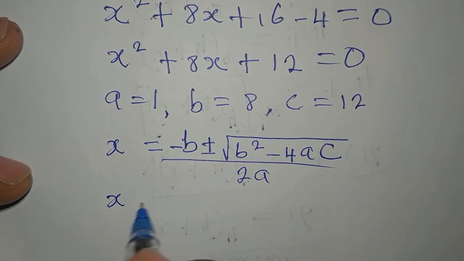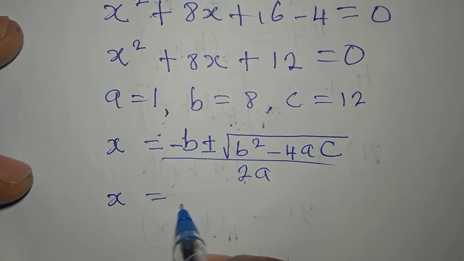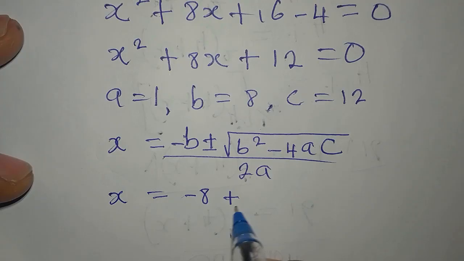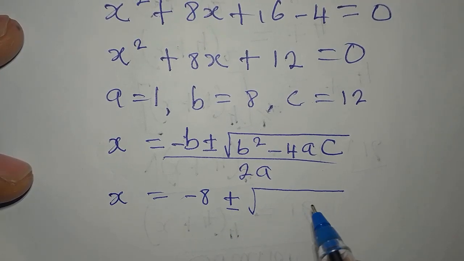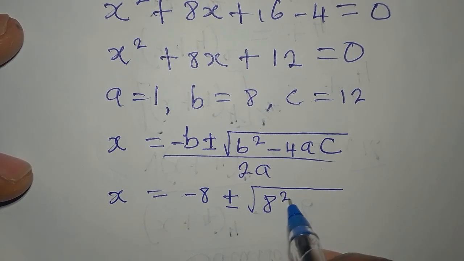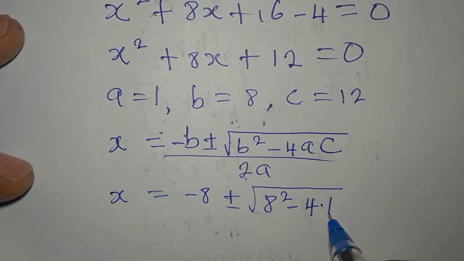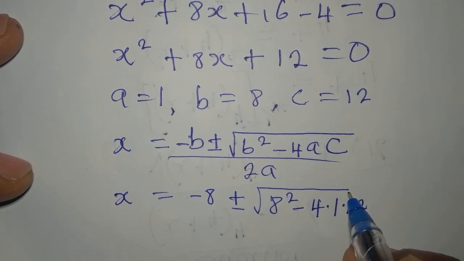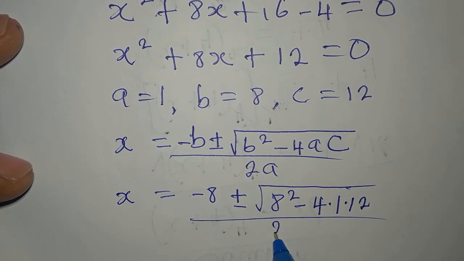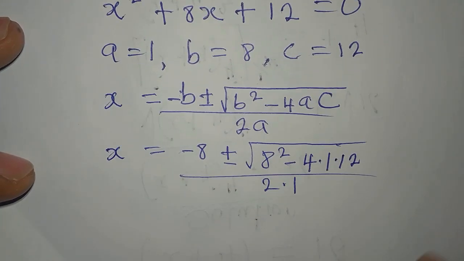Now we have x. Let's substitute. Minus b becomes minus 8 plus or minus. Then b squared, that would be 8 squared minus 4 times a is 1 and c is 12. So this is over 2 times 1 because a is 1.